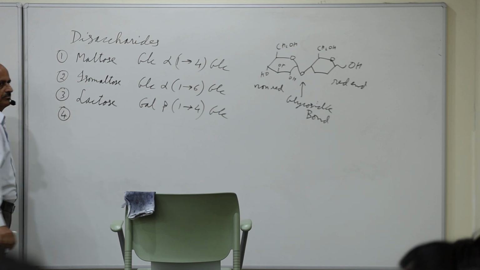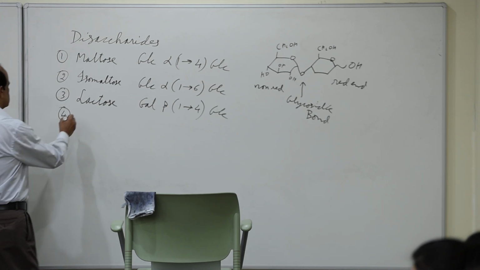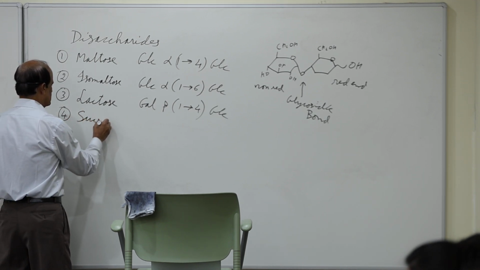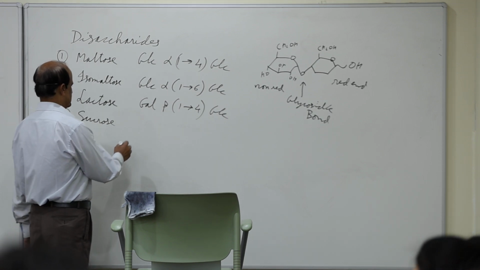And another, of course, biologically relevant sugar, which is most common, not really made in humans, but we consume a lot of that, and that is sucrose. So sucrose has a different type of structure.